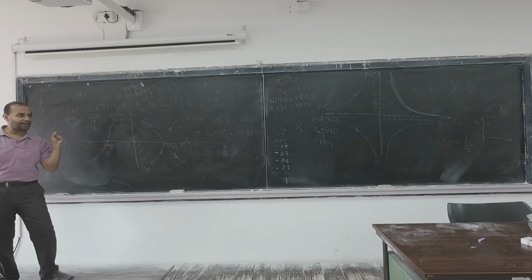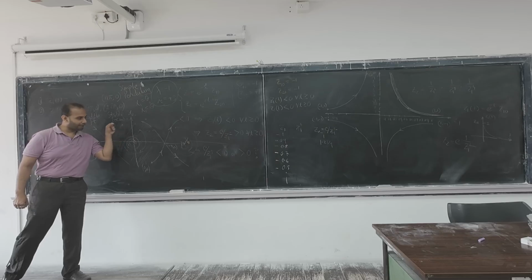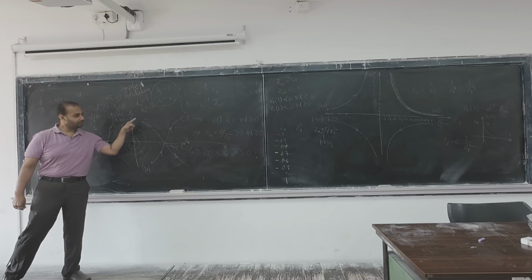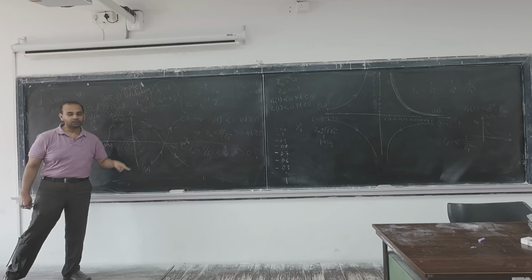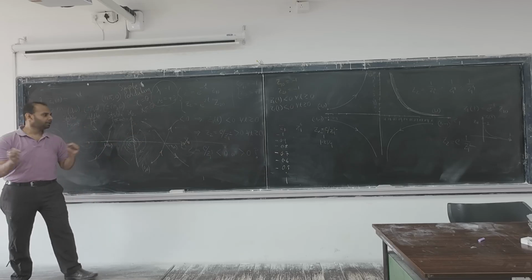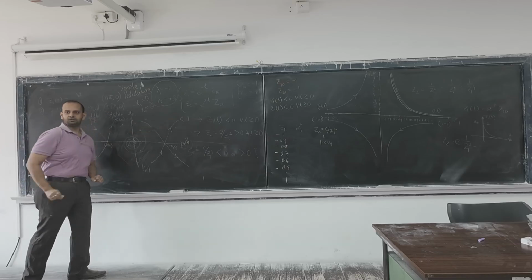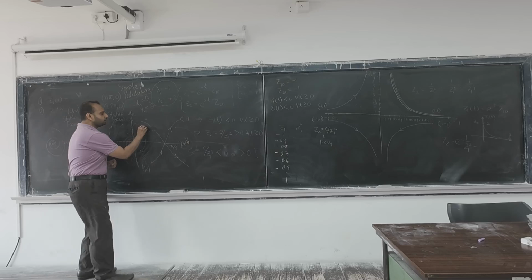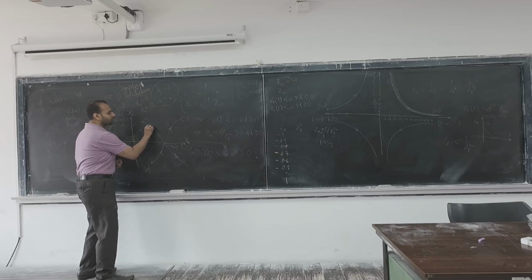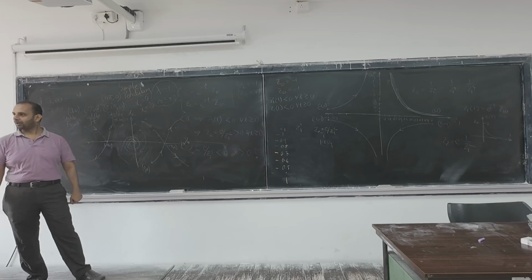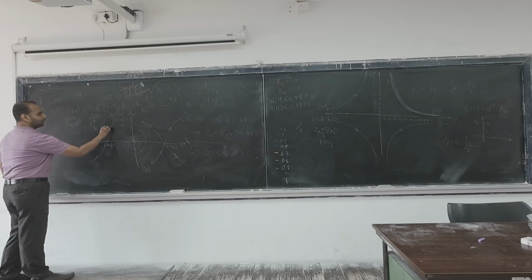But the closer it is to that boundary, these trajectories are called separatrix. Separatrix means which separates two regions. This is one region, this is another region, because this is a stable region, this is an unstable region. So as the initial point moves towards this, it will be attracted to the unstable equilibrium point. Here also, the same thing.